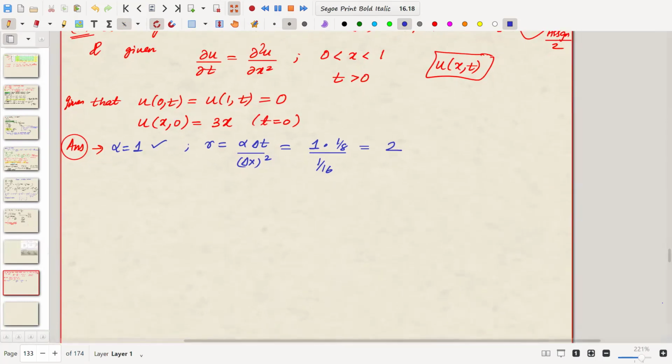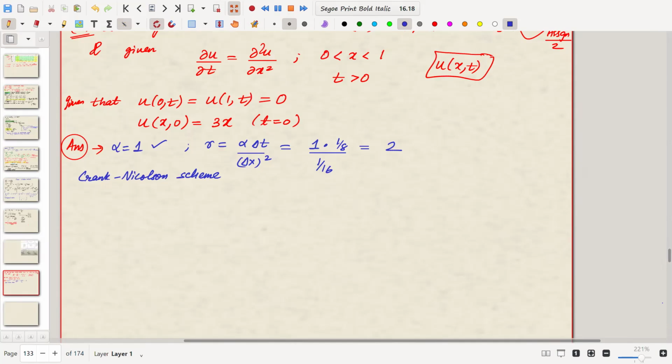So can you tell me the Crank Nicolson scheme? What does the Crank Nicolson scheme say?